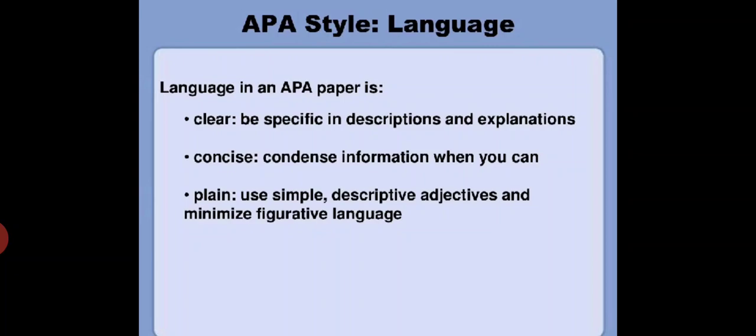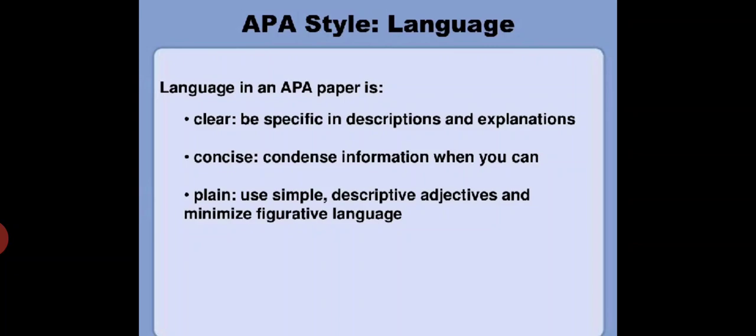Now let's try to understand what type of language should be used in APA style. Language in an APA paper is clear, concise, and plain. When we say that the language should be clear, that means be specific in description and explanation. Use such language which gives clearly the same concept which you want to give.